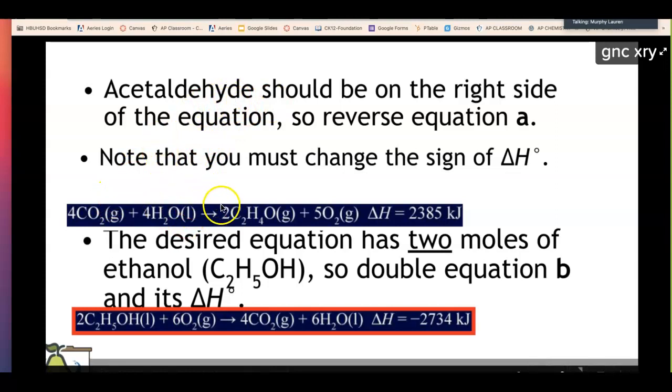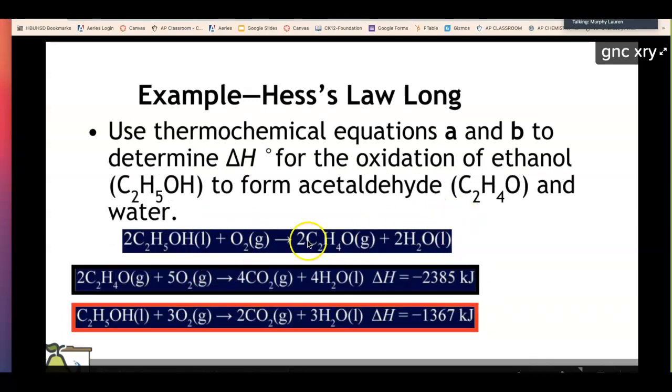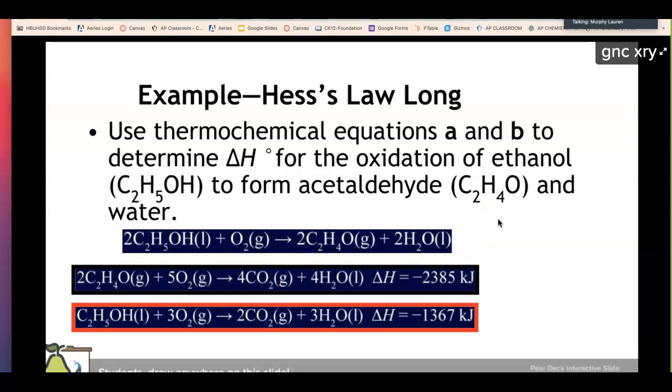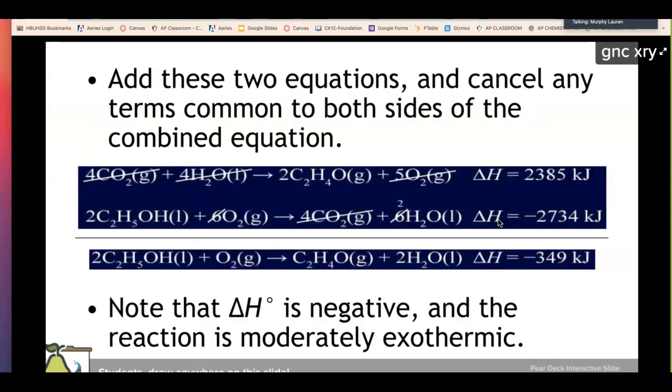So we flipped one equation, we multiplied the other equation, and then we combined their delta H's to get the delta H for this equation up here that we didn't have. So again, this is called Hess's law, and the reason they call it the long way is because once you learn the shortcut way, it doesn't take as long. It doesn't take as much brain power, I guess.